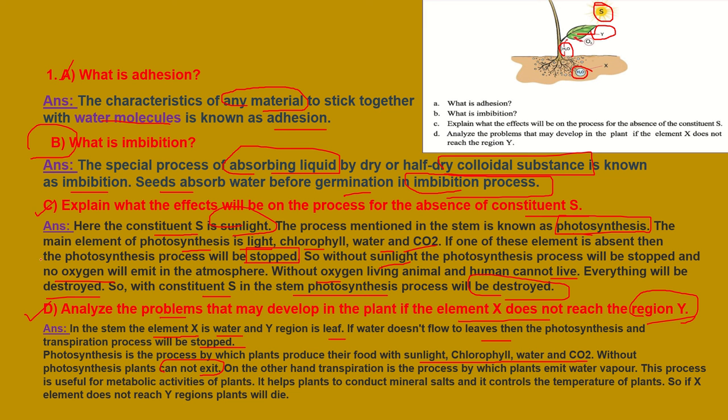On the other hand, transpiration is the process by which plants emit water vapor. This process is useful for metabolic activities of plants. It helps plants to conduct mineral salts and it controls the temperature of plants. So if element X does not reach region Y, the plant will die.